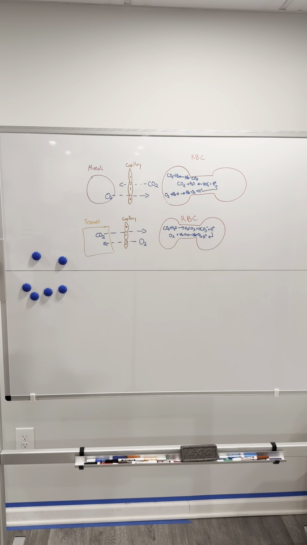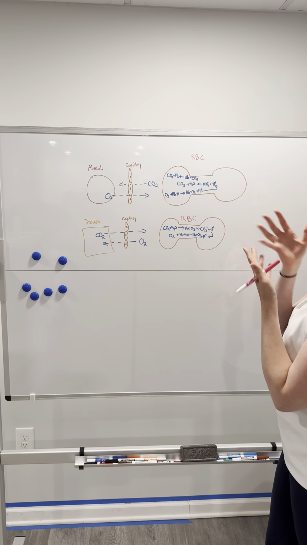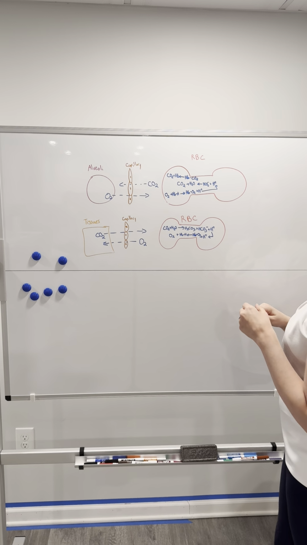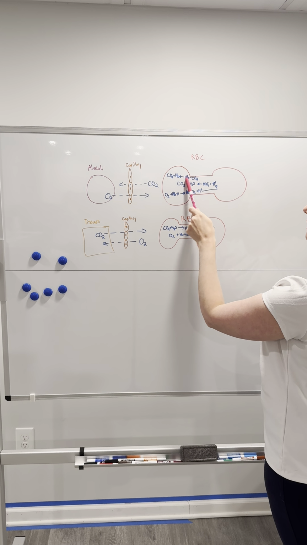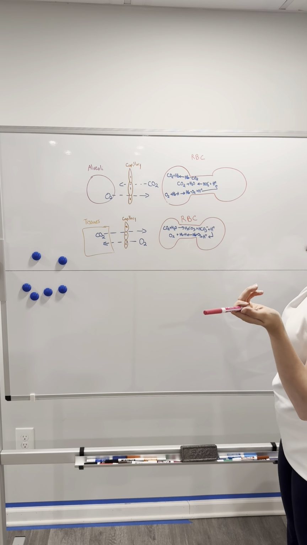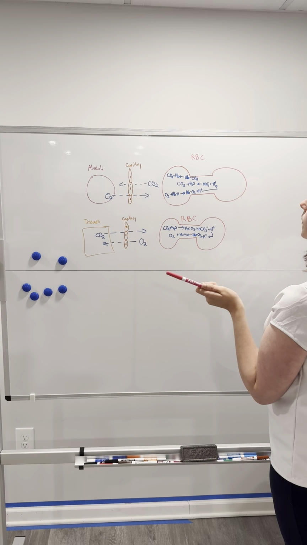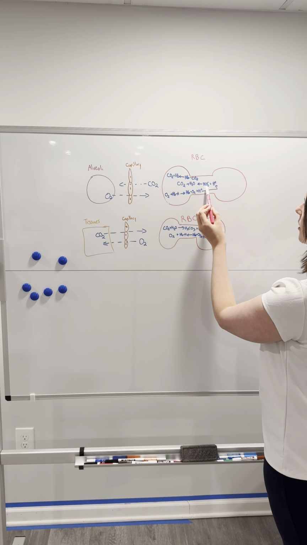Remember, the carbon dioxide can be found within the plasma, dissolved in plasma. Or it could come bound to hemoglobin. That's what this is showing here: carbon dioxide plus hemoglobin, it binds. Or it can come via bicarbonate.